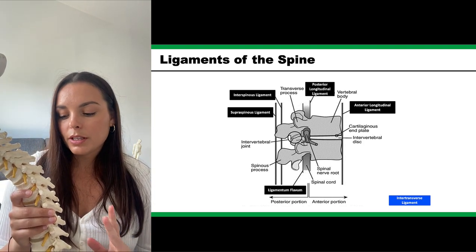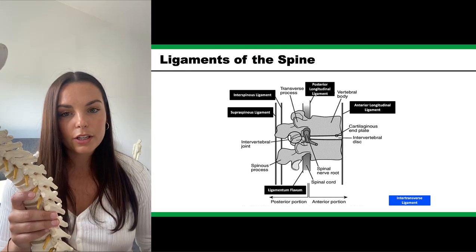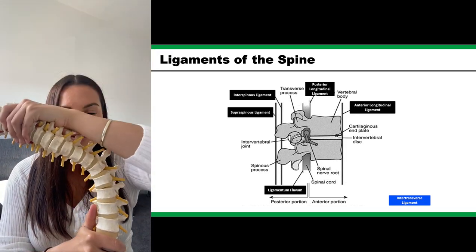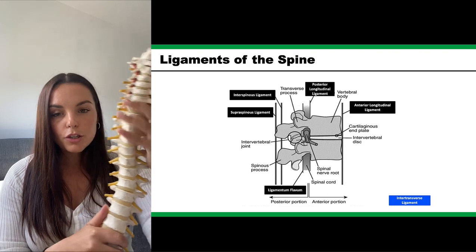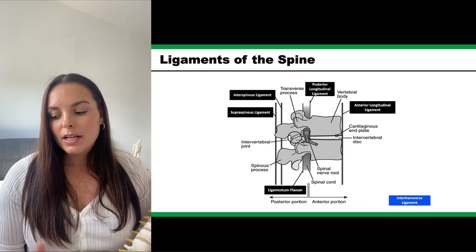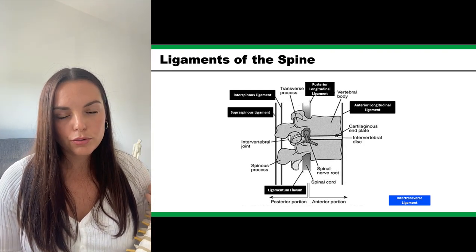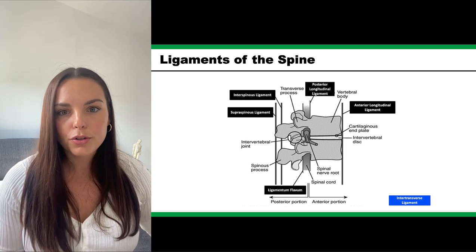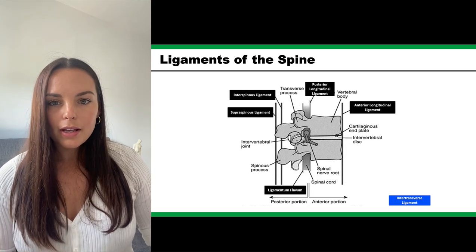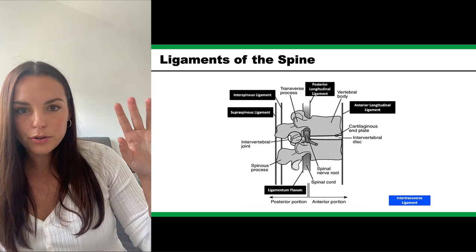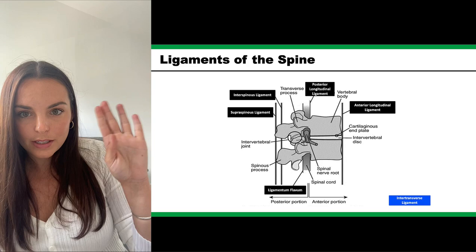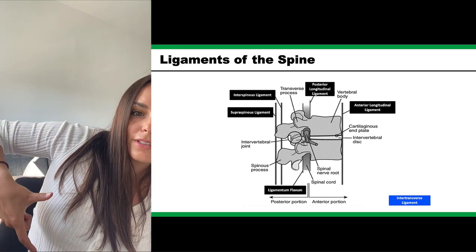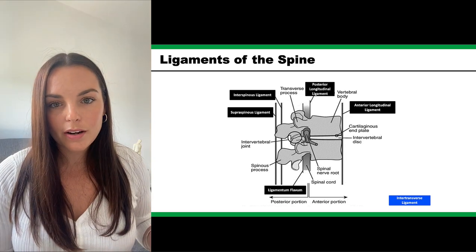So I said before that the ligaments that work during lateral flexion of the trunk are our intertransverse ligaments. But the important thing to remember is that it's the contralateral intertransverse ligament. What that word contralateral means is that if I laterally flex my trunk to the right-hand side, to this side, it's going to be the ligaments on the opposite side that get pulled tighter, right?